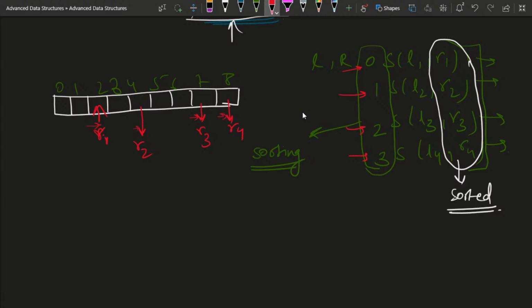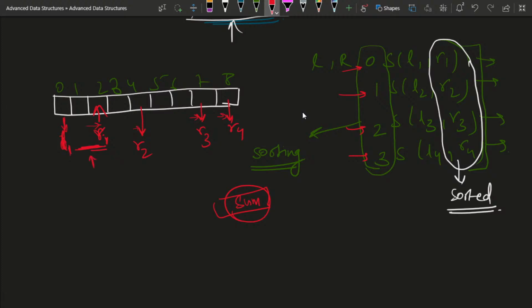Now if this is sorted, we are always sure that if we want to query the result, we maintain a current sum. To process the R1 query, L1 would be somewhere at this point, and we add all the elements which fall in this range to our sum.